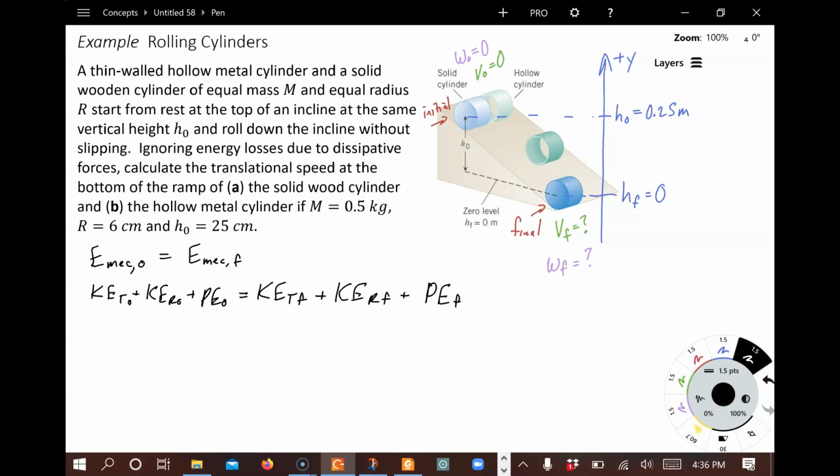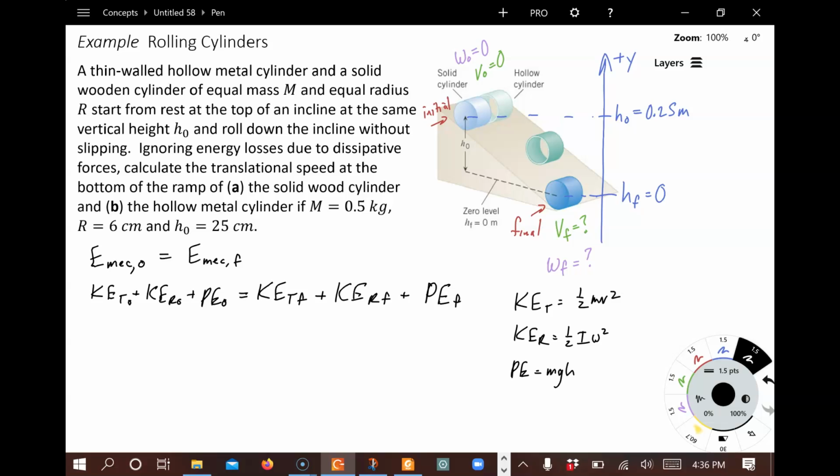And we know that we have some equations for these, right? The standard kinetic energy translational, 1/2 mv squared, the rotational variety, 1/2 I omega squared, and the potential energy, of course, for gravity, mgh.